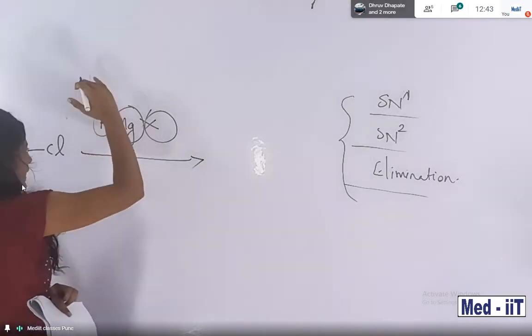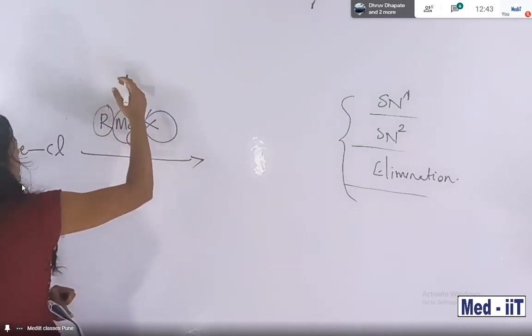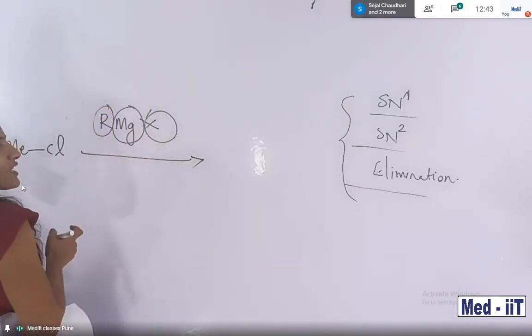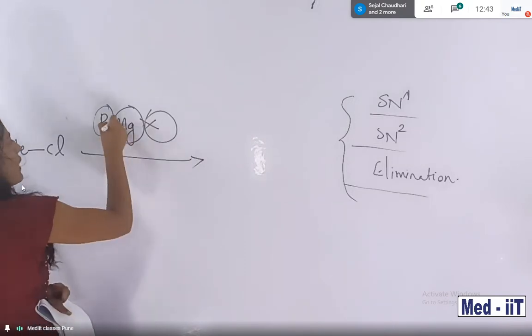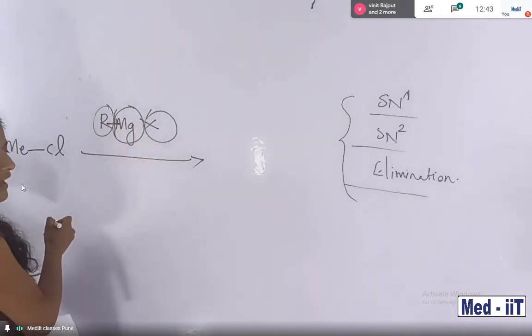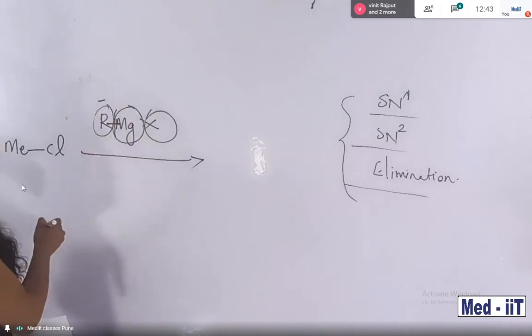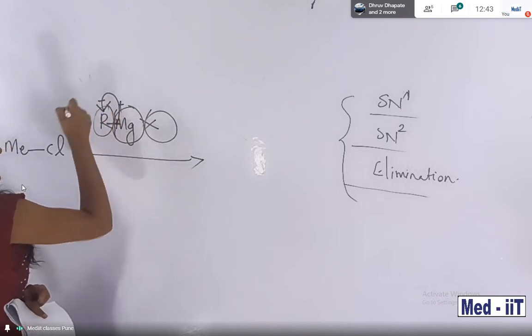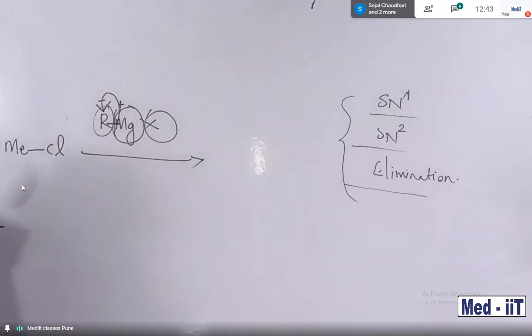In Grignard reagent, we know that the metal has an electropositive nature, so the bond between R and Mg is going to cleave. As a result, R gets a negative charge and the metal gets a positive charge. The bond shifts towards the alkyl group R, so R minus and MgX plus.